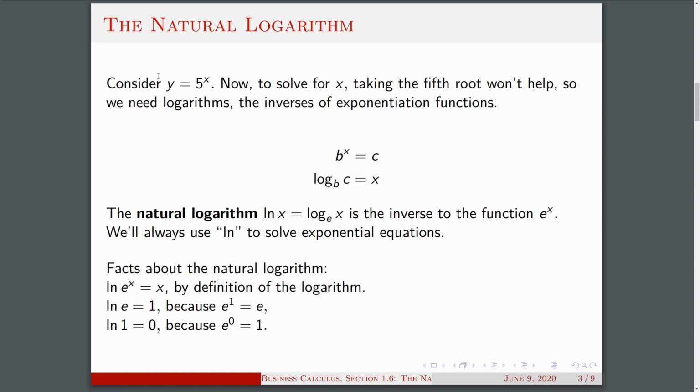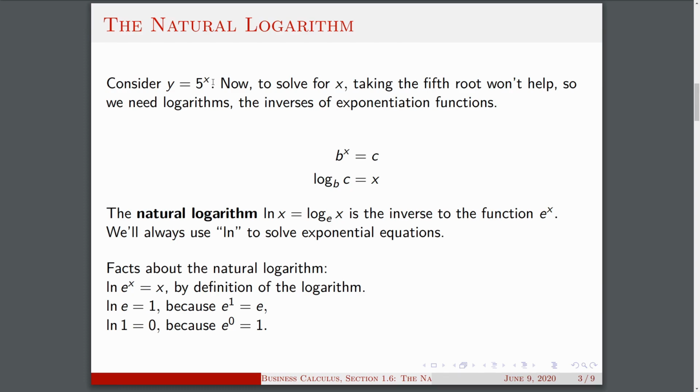And now if I want to solve this equation for x, I can't do the same process, which we wouldn't expect to be able to do. In fact, there's not that much that I can do. I can't divide by 5, that doesn't help. Taking roots doesn't help. Subtracting by 5 or dividing by x, none of that's going to help.